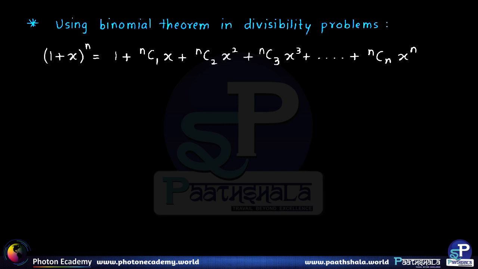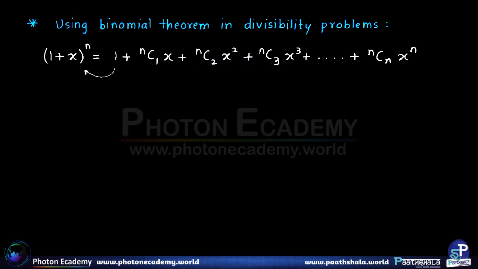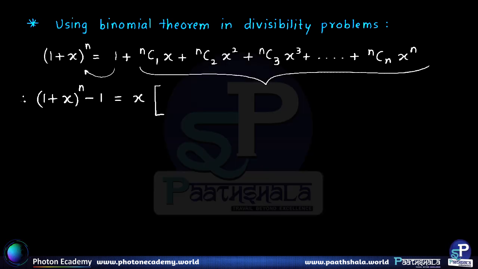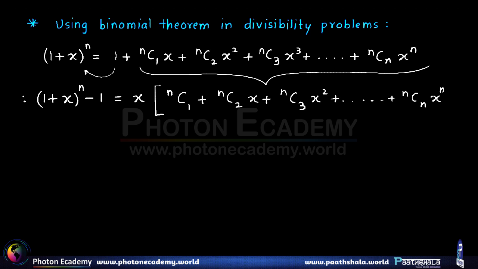Now if we take 1 on the left hand side, what we will obtain is (1 plus x) raised to n minus 1 is equal to, so out of the remaining terms on the right hand side, we observe that we can definitely take x common, and hence in the bracket we will have nC1 plus nC2 x plus nC3 x square plus so on up to lastly nCn x raised to n minus 1.